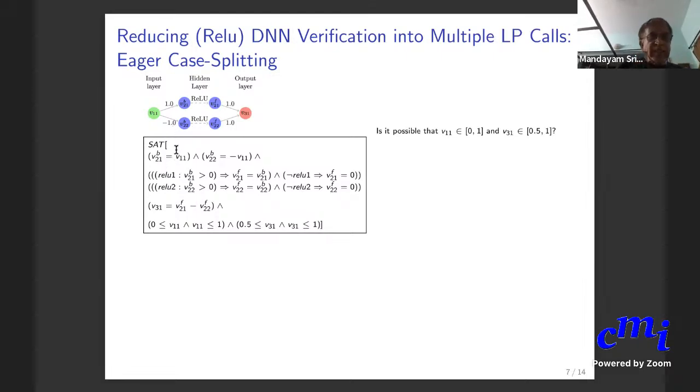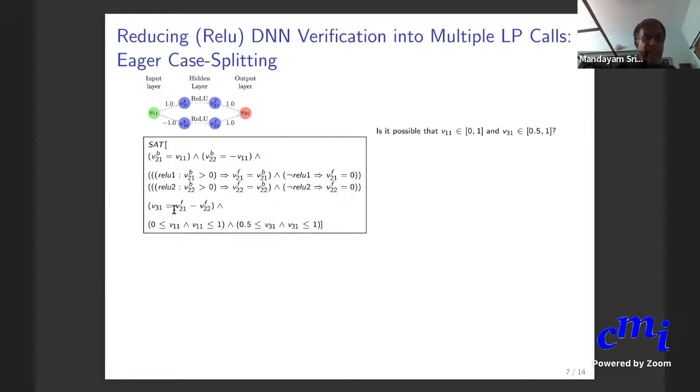In this case, the constraints expressing the linear transformations are fairly simple. So V21B has to be equal to V11, and V22B is just -1 minus V11. That expresses the result of the linear transform.